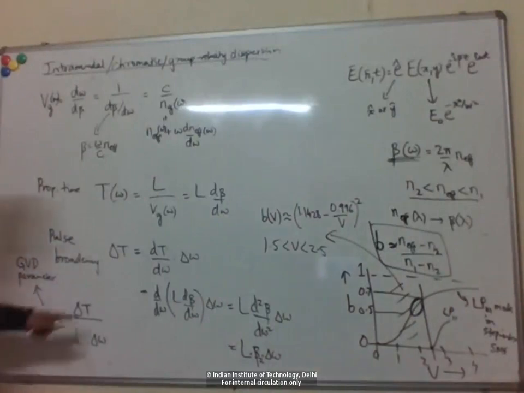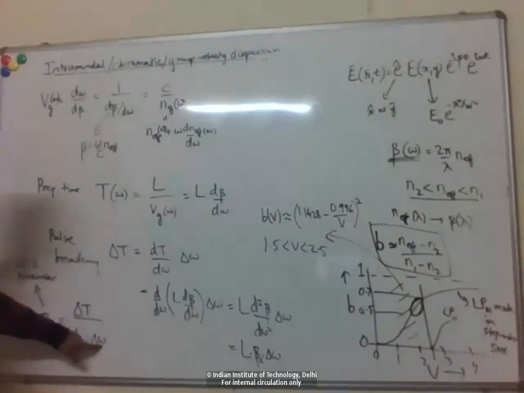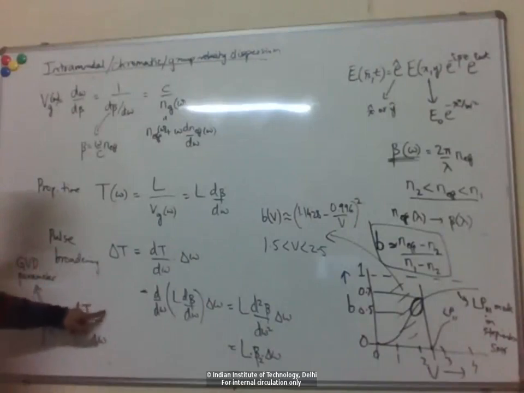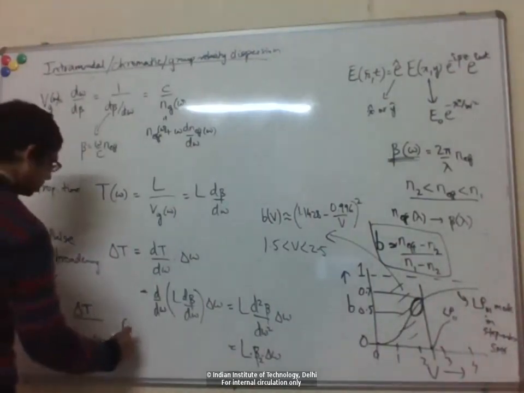So the units you can see, this is time, seconds, this is hertz or radian per second. So this is per second, so that goes above, so we get a second square in the numerator, and then we have a length in the denominator. So this has units of second square per meter.